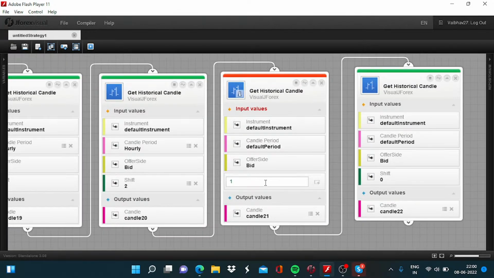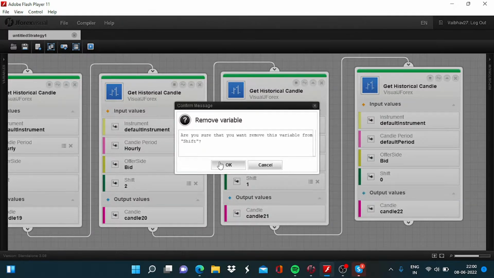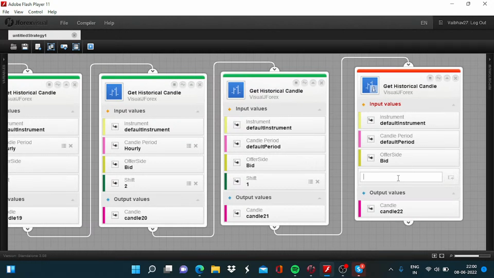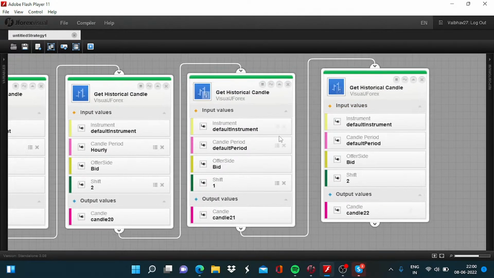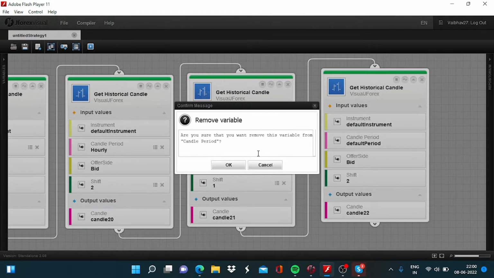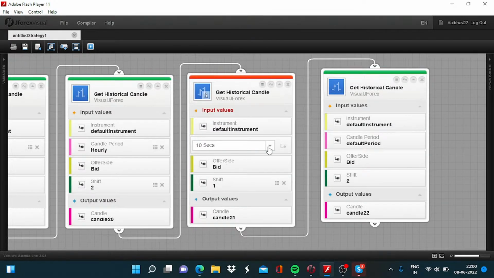And also the look back period will be 1 and 2 respectively. Candle period of 10 seconds.